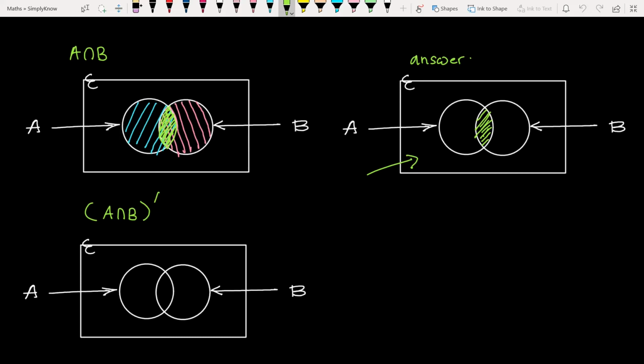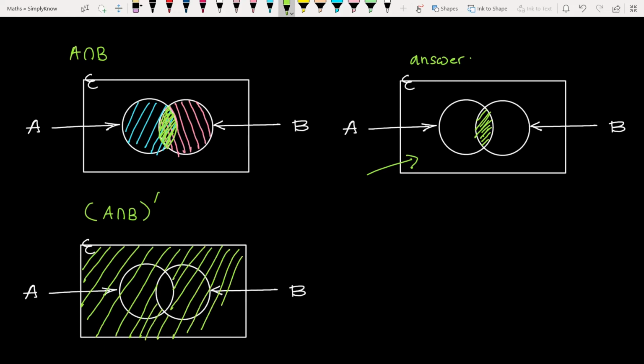So remember in this case, first identify the region that belongs to the intersection of A and B. And then shade everything except the region of intersection. So like this, we need to shade everything except the middle. So this is our complement of A intersection B.